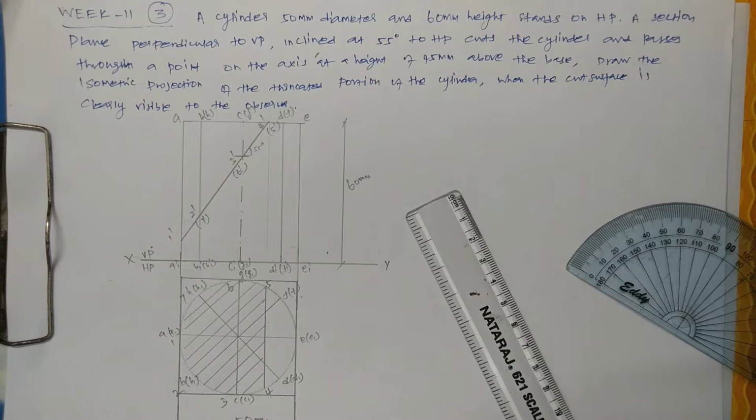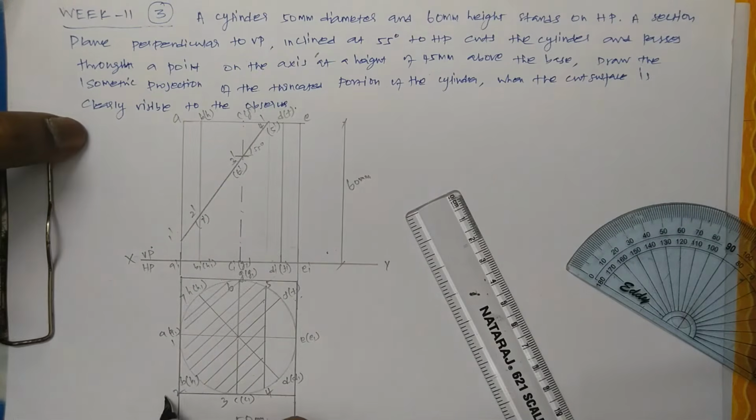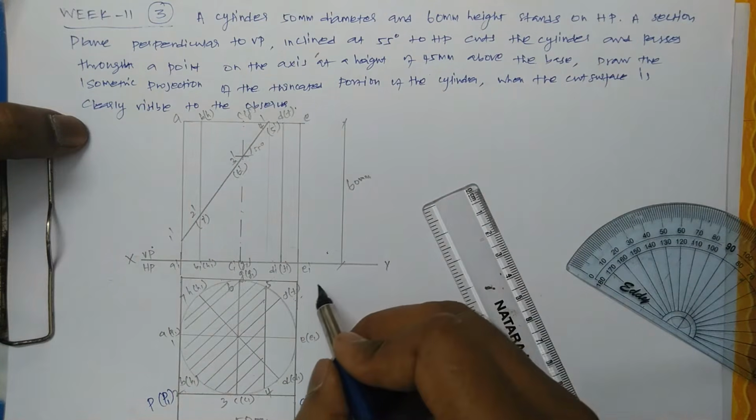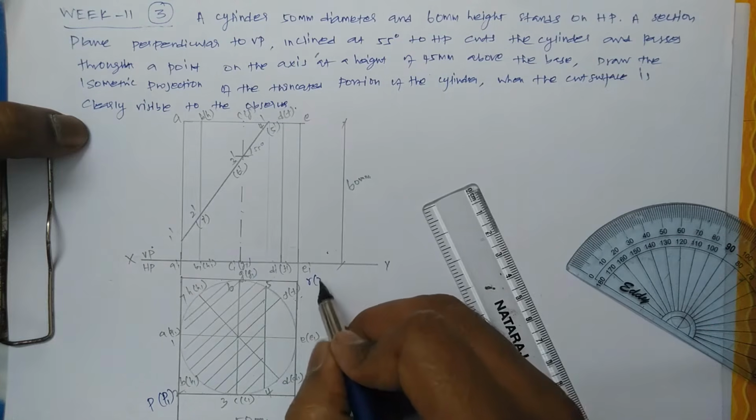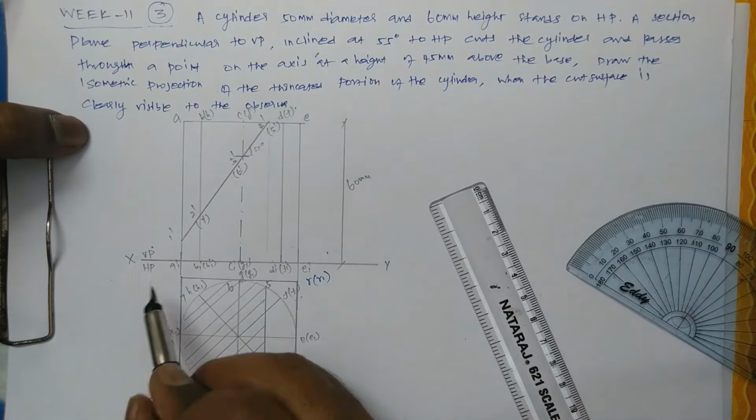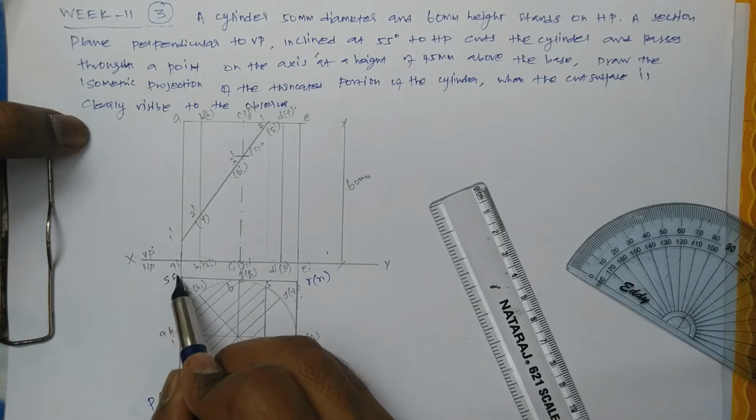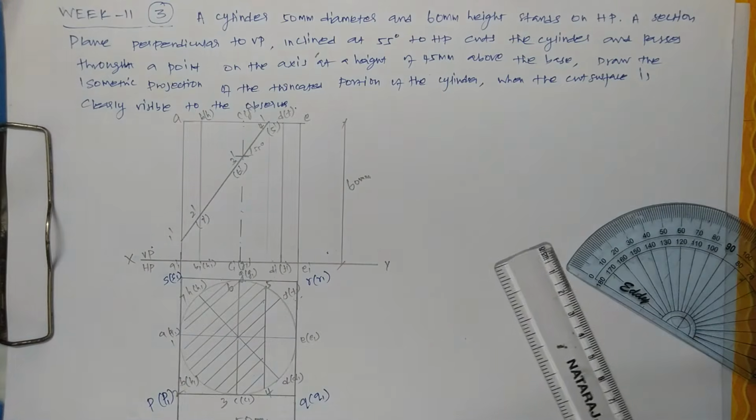Let us make P1, Q1, R1, S1. Don't use pen, just for your visibility.